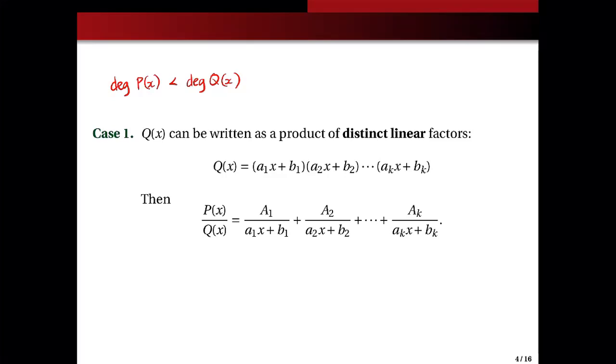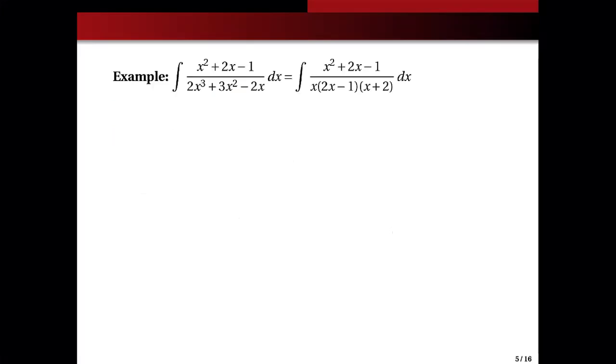Let's do one example here. Suppose your original expression is x squared plus 2x minus 1 divided by 2x cubed plus 3x squared minus 2x. Practice factoring the denominator.